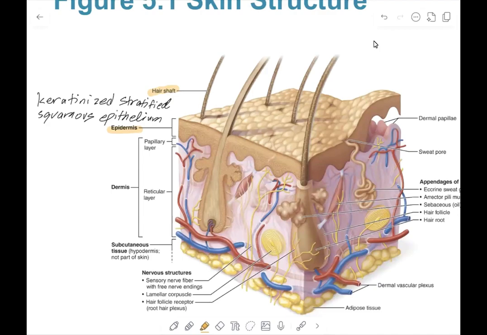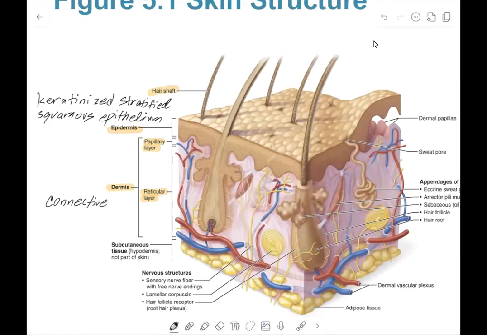Deep to the epidermis is a layer called the dermis, and it's divided into two parts. The most superficial region of the dermis is called the papillary layer, and the deeper layer is the reticular layer. And the dermis is going to be connective tissue.